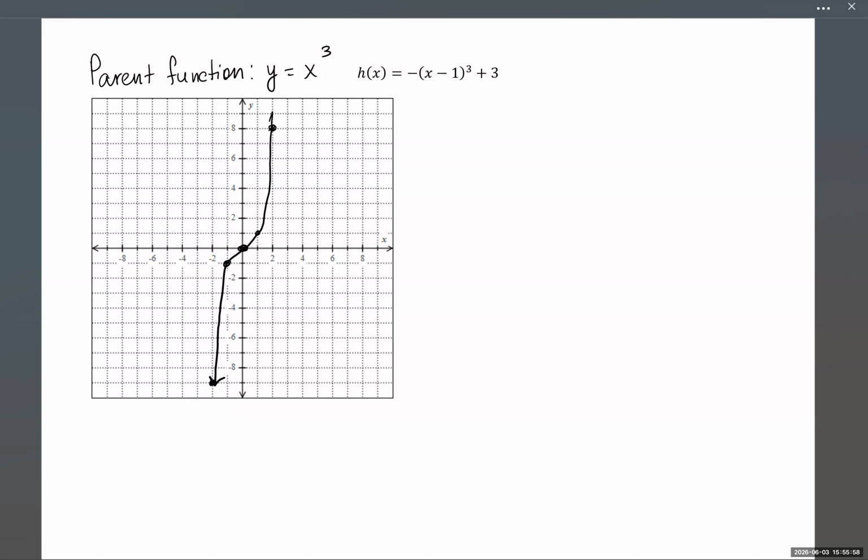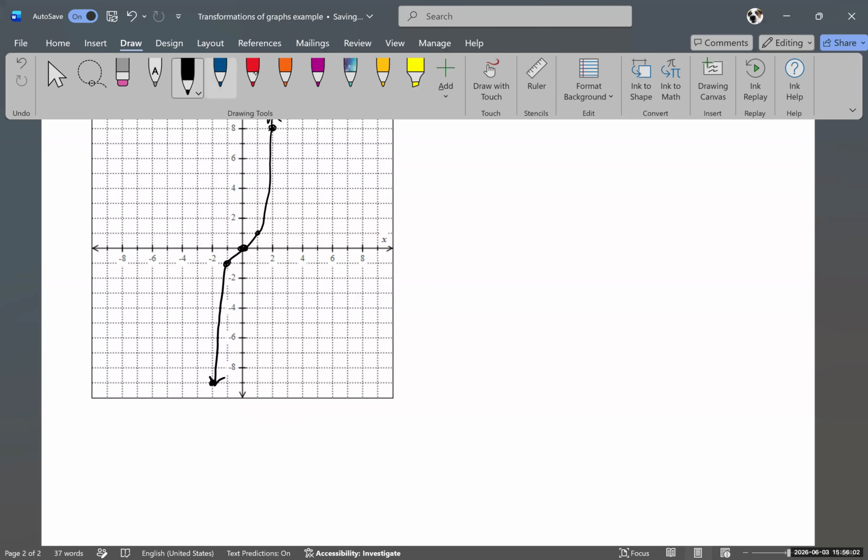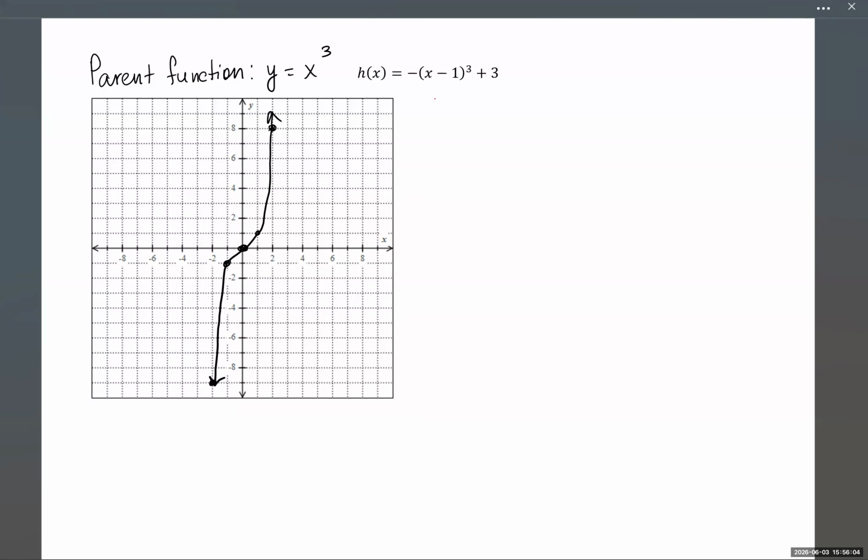Okay, this is what a parent function looks like. Now for our function, negative, and then (x minus 1) cubed plus 3.